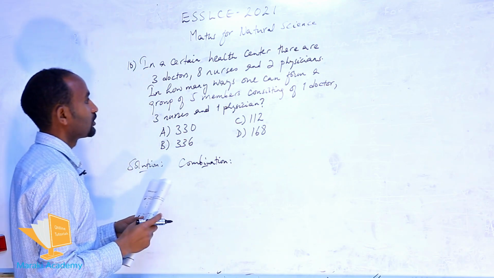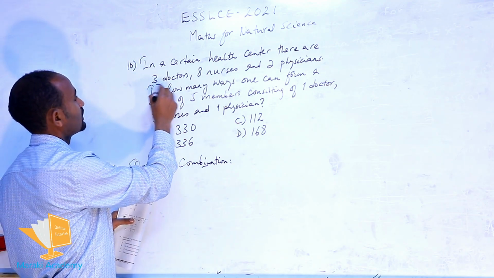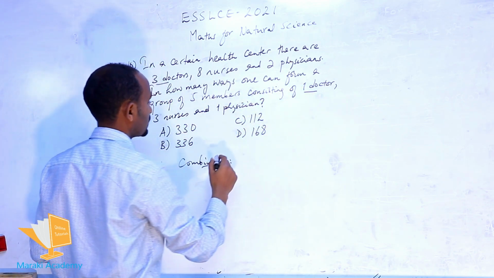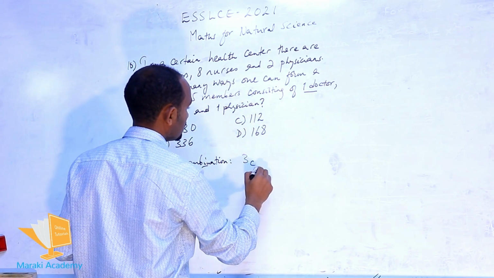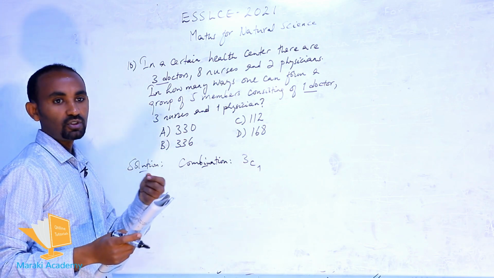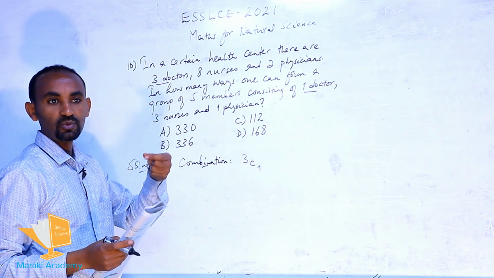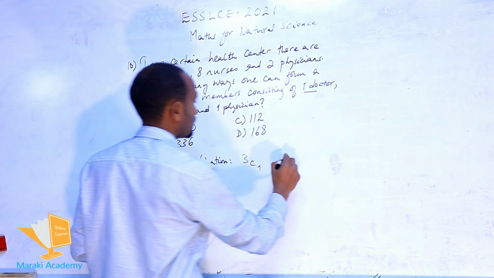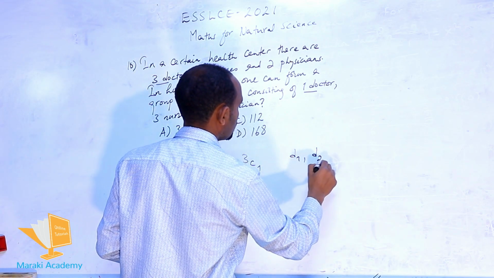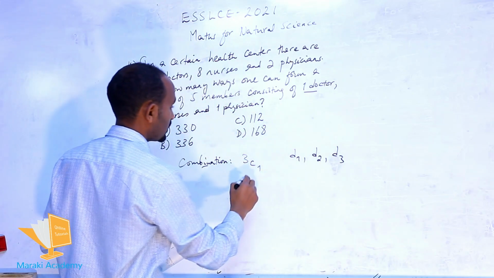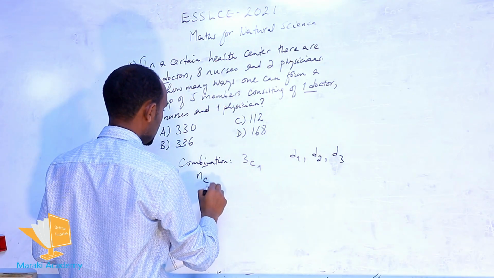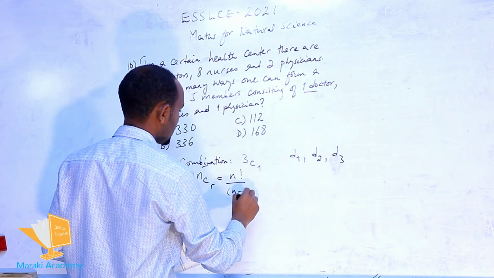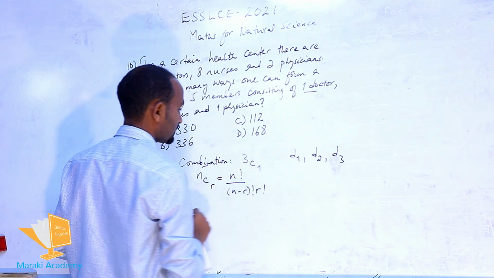In what way do we combine? How many doctors do we have? 3 doctors, and among the 3 doctors we need only 1 doctor. So 3 combination 1. If we take one of the 3 doctors, how many possibilities do we have? 3 possibilities: doctor 1, doctor 2, doctor 3. So 3 combination 1. For n combination r, what is the formula? n factorial divided by n minus r factorial times r factorial.